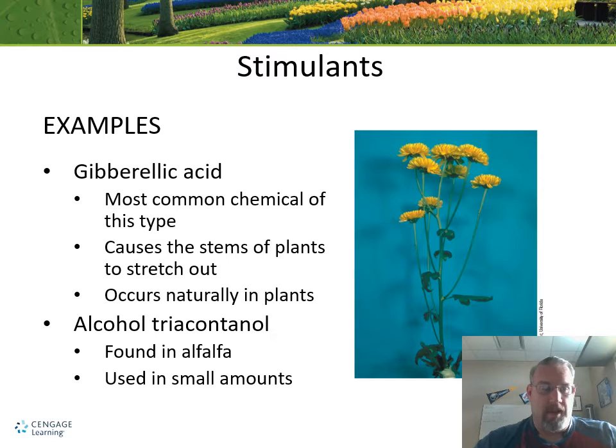A really neat side note here: if you've ever heard of the pesticide 2,4-D, it mimics the gibberellic acid. The way 2,4-D kills a plant is it basically tells the plant to grow itself to death.